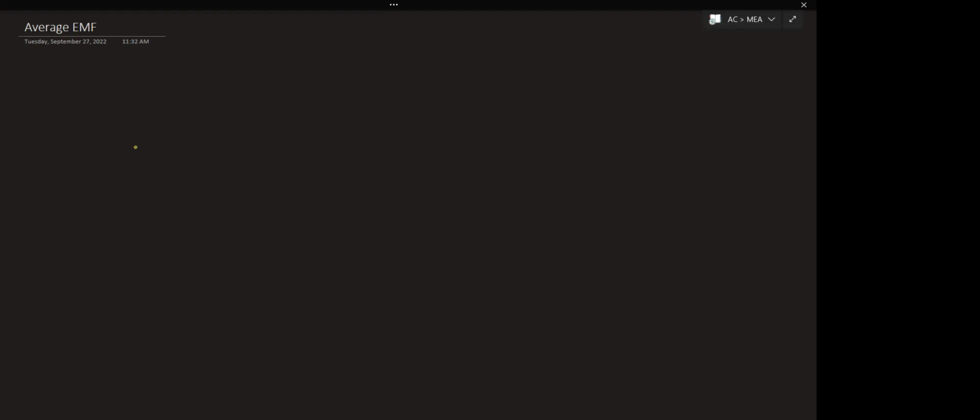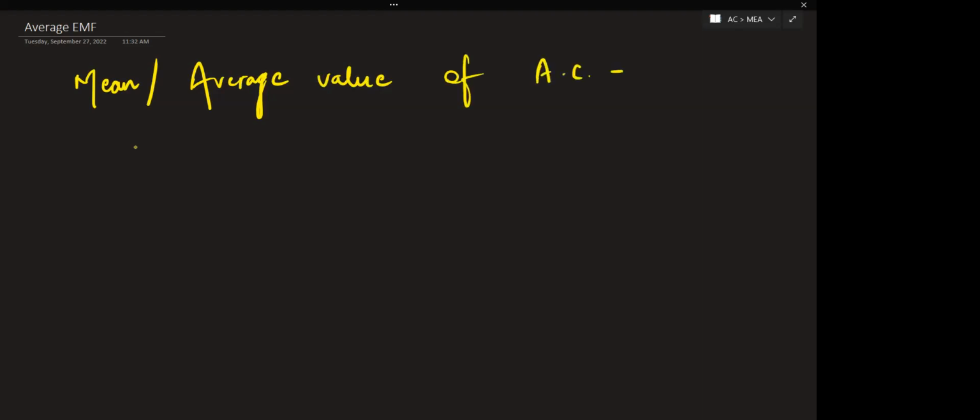Mean or average value of AC. Now see, alternating current is what? Current is variable, or even your EMF is variable. So if you have alternating current, if you have variable EMF, then what will happen?